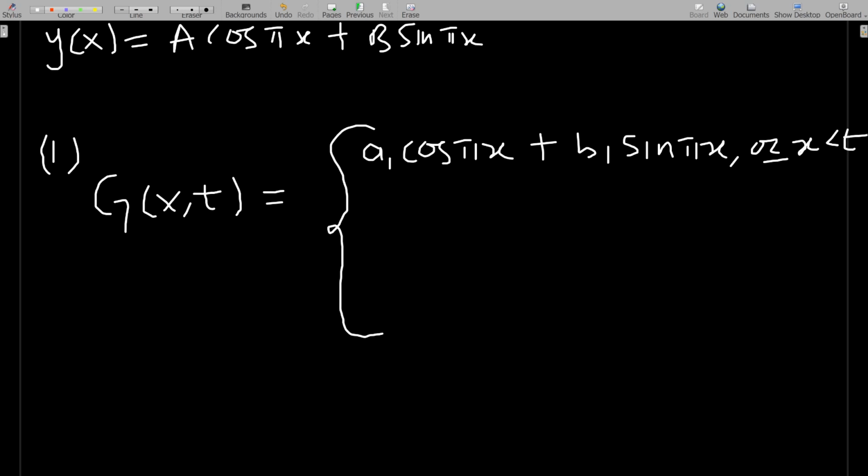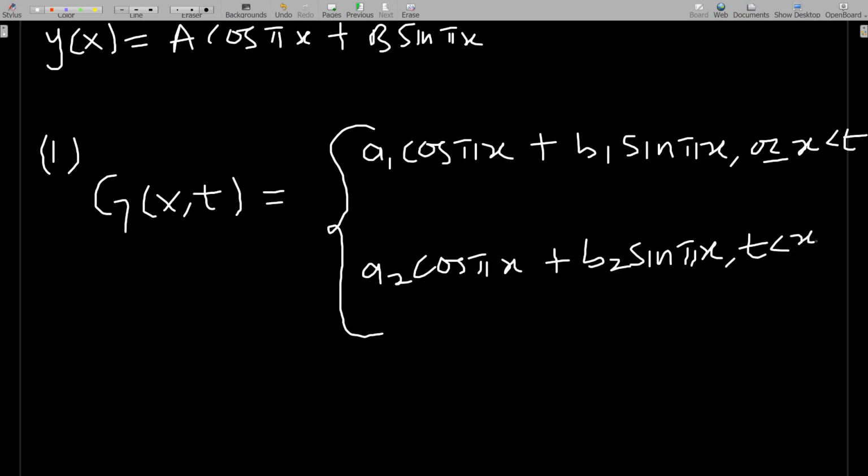Then a2 cos pi x plus b2 sine pi x for t less than x less than or equal to 1. So this is my Green's function.